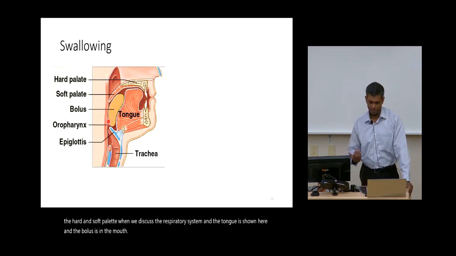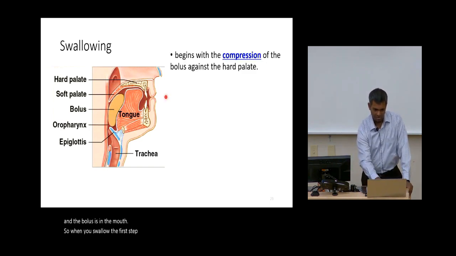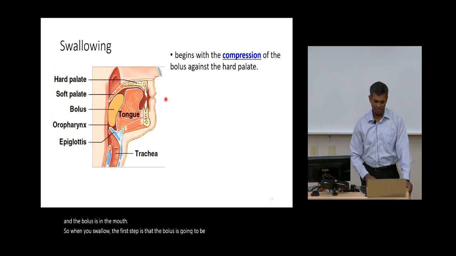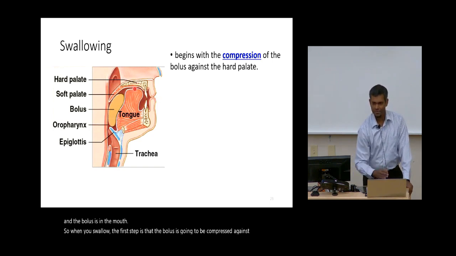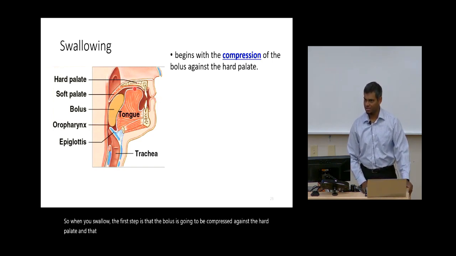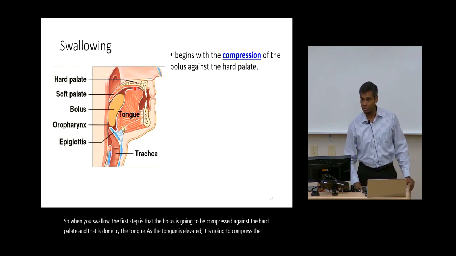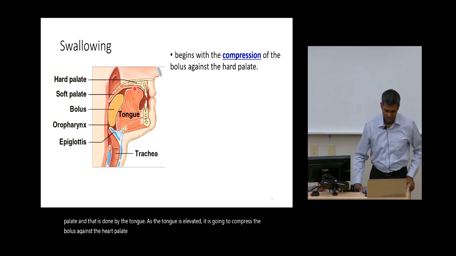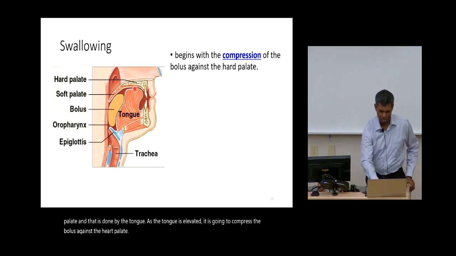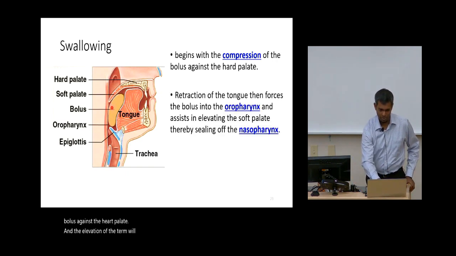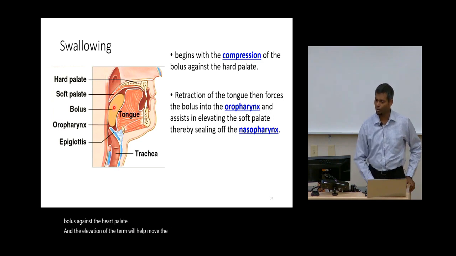So when you swallow, the first step is that the bolus is going to be compressed against the hard palate, and that is done by the tongue. As the tongue is elevated, it's going to compress the bolus against the hard palate, and the elevation of the tongue will help move the bolus into the oropharynx, right?